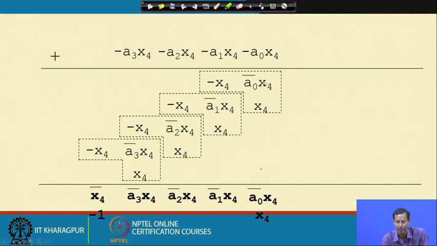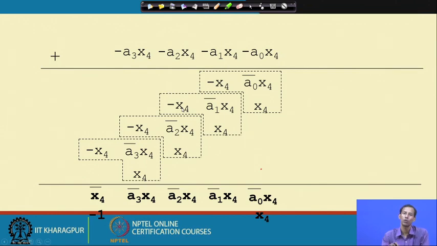So, this is the same as x4 minus x4 at this particular position, A4 bar x4 and x4. Here x4 is common and A0 is changing.